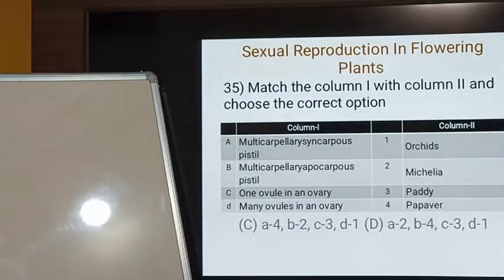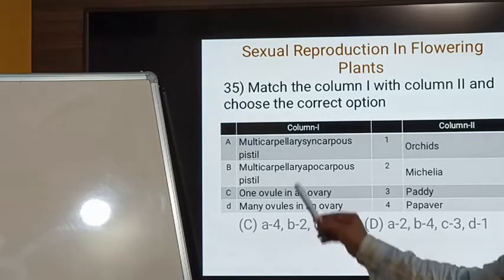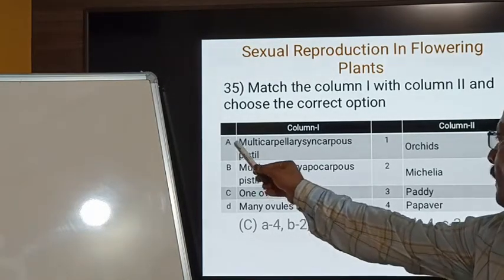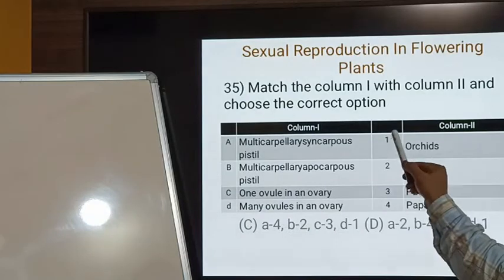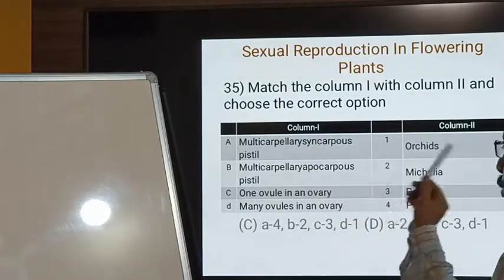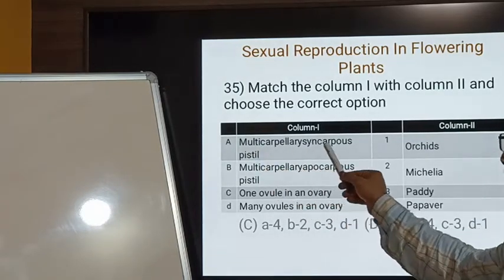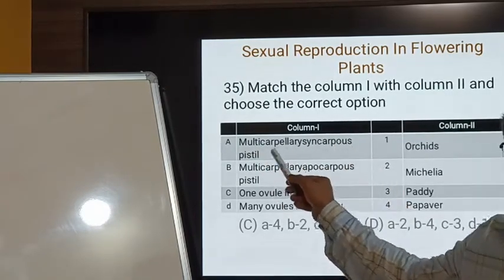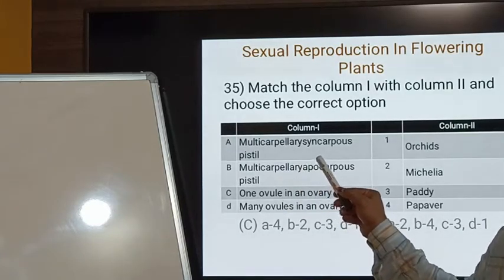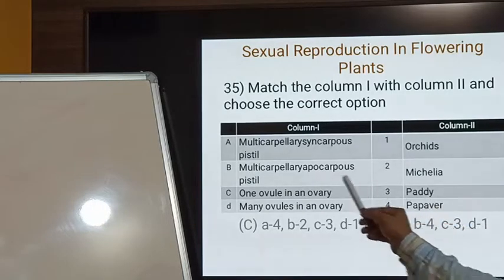Match the following. There are two columns, column 1 and column 2. In column 1, A, B, C, D, and in column 2, 1, 2, 3, 4. First one: multicarpellary syncarpous pistil, already we have understood, Papaver somniferum.